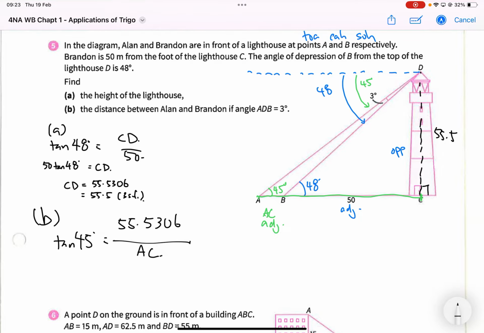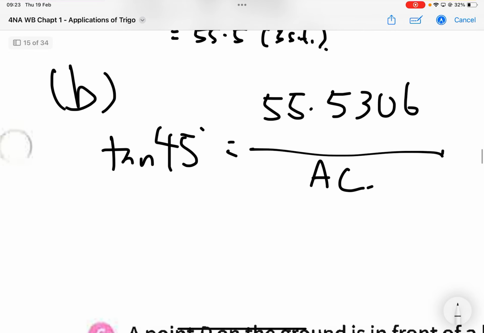Okay, once I'm able to form this equation, again it is a bit of algebraic manipulation. This is a number, this is a number. I want to find AC, so I want to make AC the subject. I don't want AC to be the denominator. I want it by itself on one side as the numerator. So equation left and right the same, I don't want this in the bottom, which means I multiply AC to both sides. Once I multiply AC to both sides, I will have AC multiplied by tangent 45.